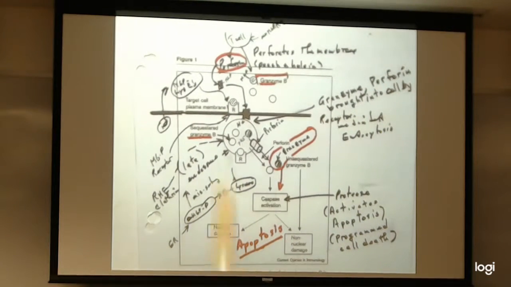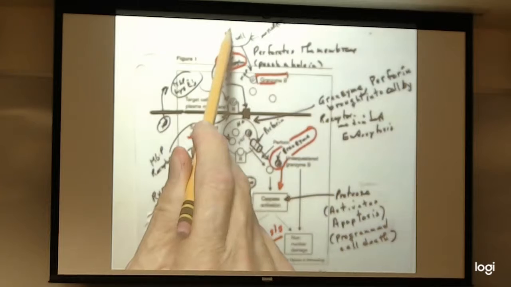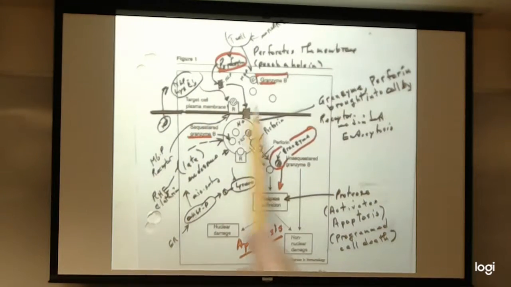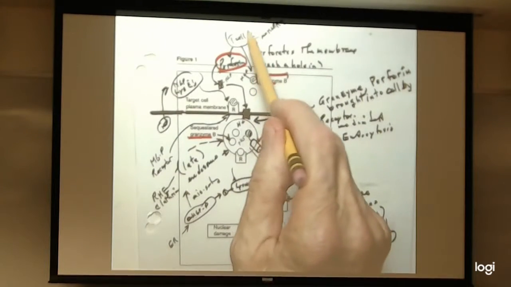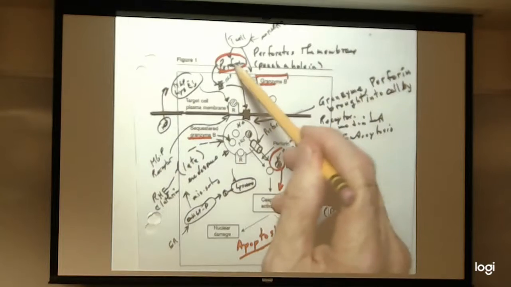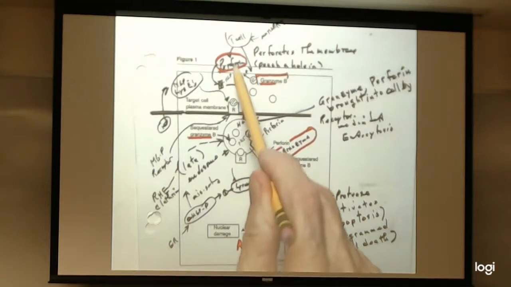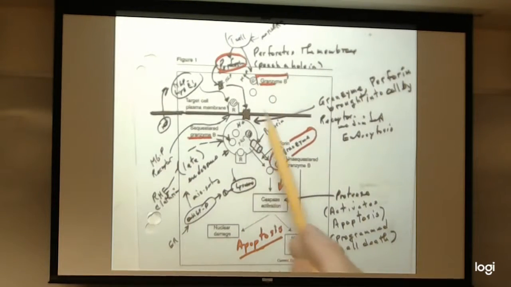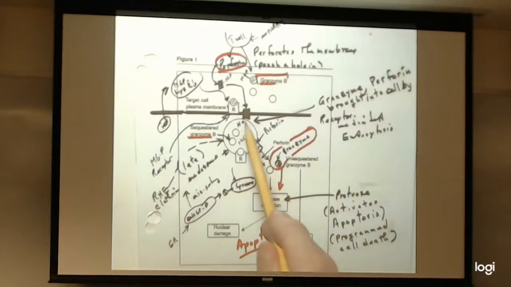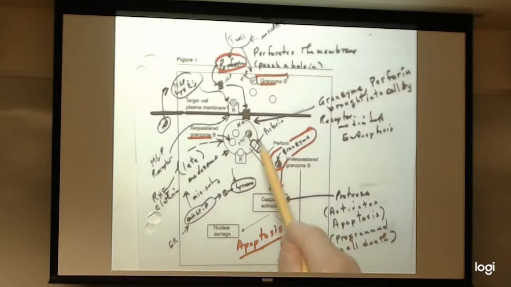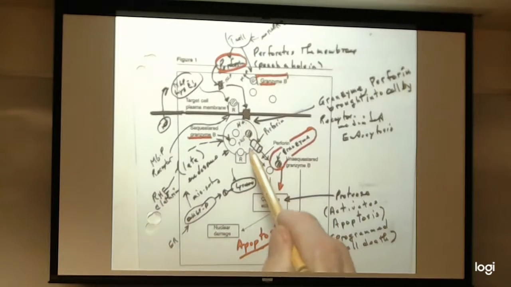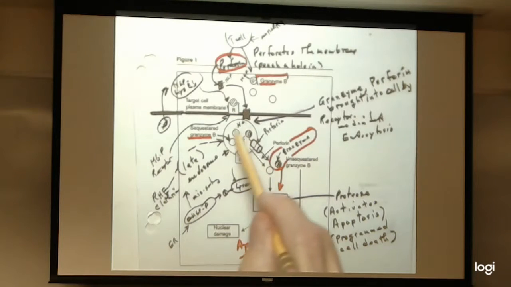So here's our killer T cell up here, and here is the virus-infected target cell. This T cell is secreting perforins here, which are going to be able to form this channel-like protein structure here once we get into an endosome.